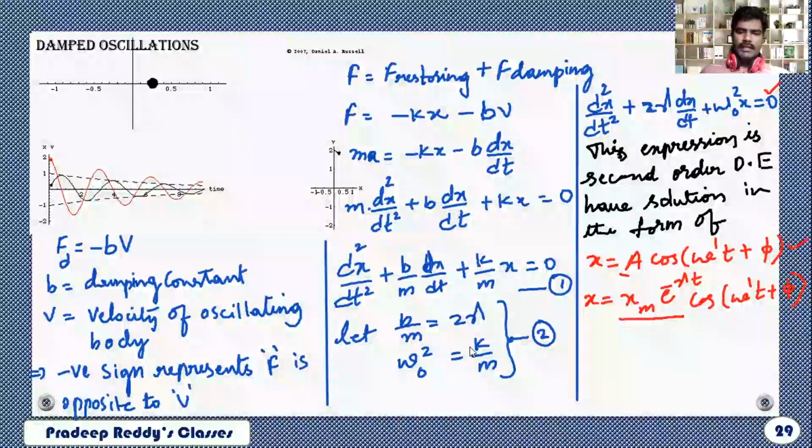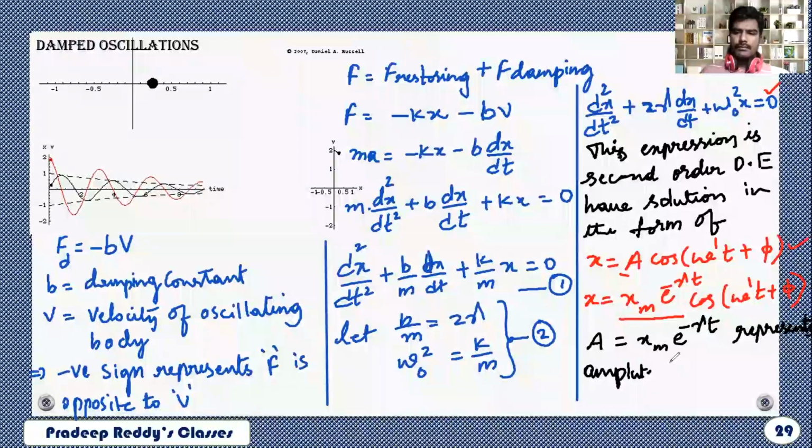And this expression, x_m e^(-γt), represents the amplitude of damped oscillations.